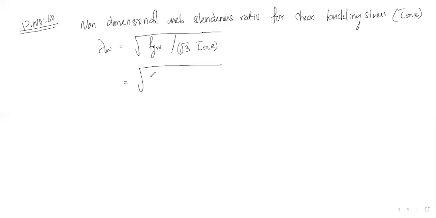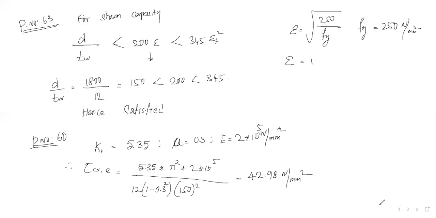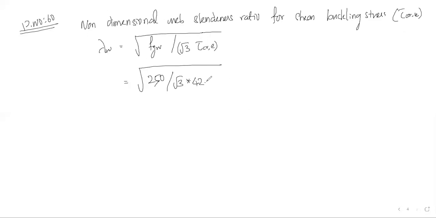So root under 250 divided by root 3 into 42.98. If I substitute this, I get the value of lambda W equal to 1.83.